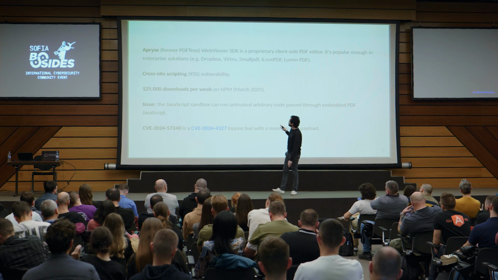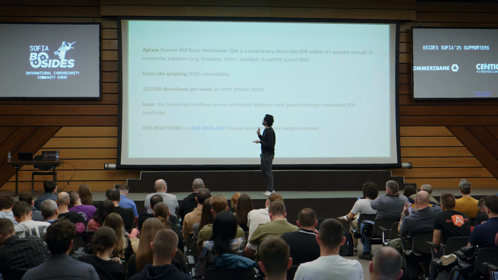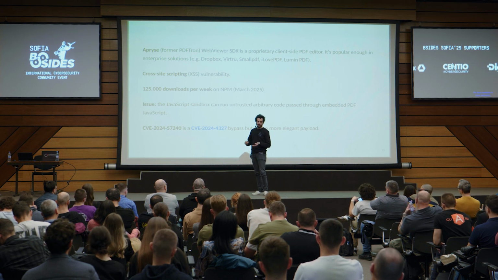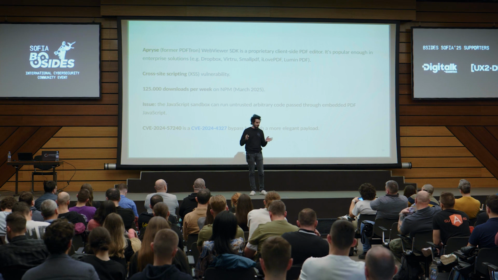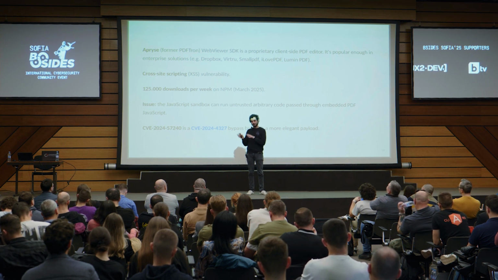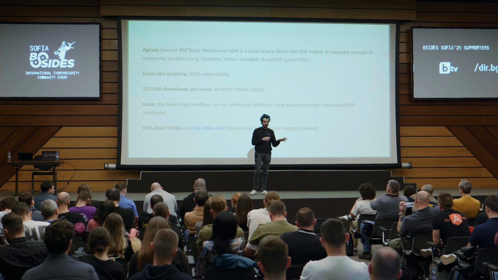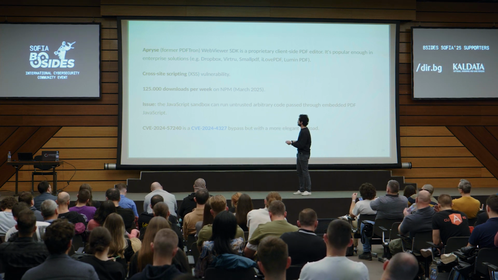It is adopted by a lot of enterprises. It is used in Dropbox. It is used in Smallpdf, iLovePDF, Lumin PDF. So every cloud-based PDF company uses Apryse, because if you can operate on the PDF in the client, you can save cost in your AWS, in your cloud infrastructure.